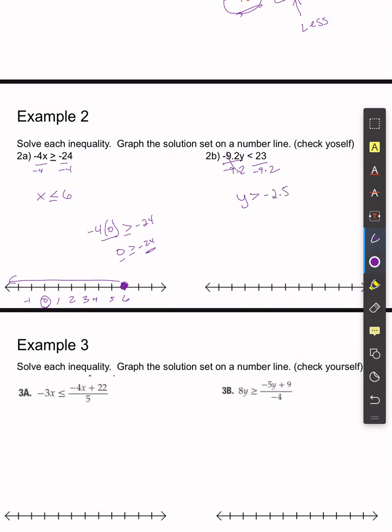Okay, so if you're going to graph that, guys, you could do this in the middle of a number, that's fine, but what I like to do is go to halves if it's a nice half like this. So what I might do is just do this. Let's call this 0, and then negative 1/2, negative 1, negative 1.5, negative 2, negative 2.5.